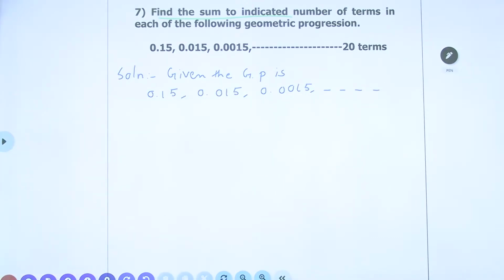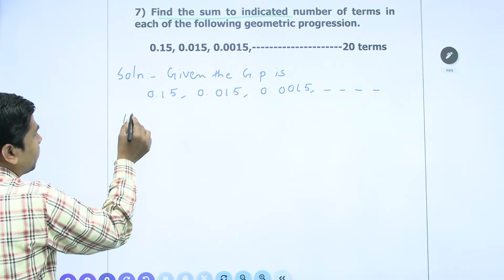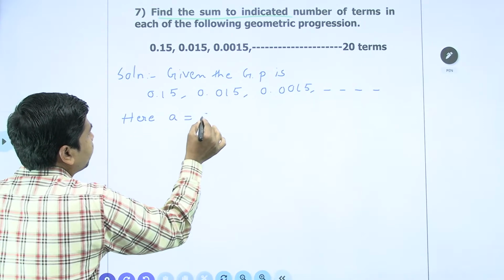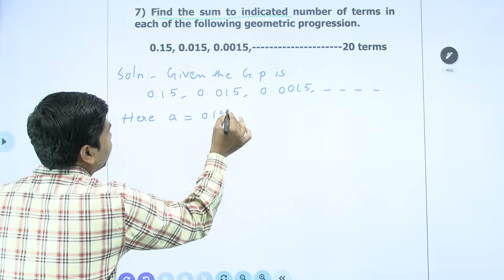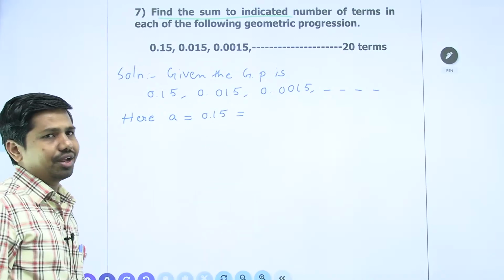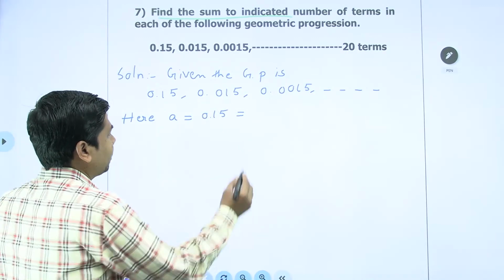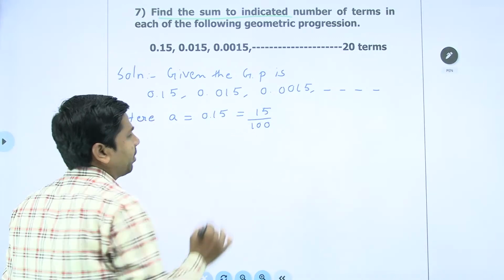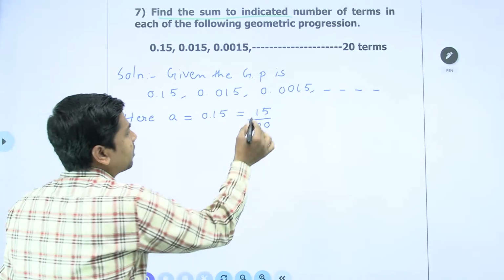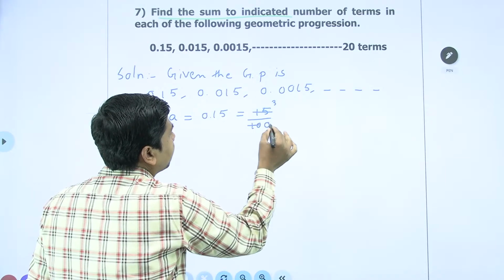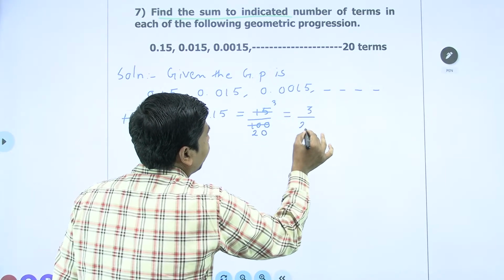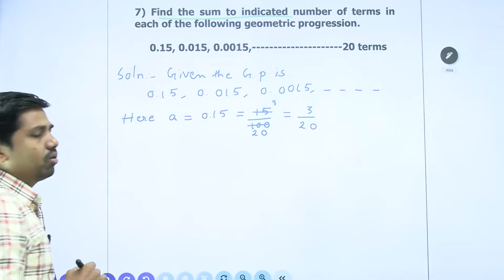Here, what is A equal to? A is equal to the first term, that is 0.15. This we can also write as 15 by 100. We can cancel with 5. 5 3s are 15, 5 20s are 100. That is 3 by 20. A is equal to 3 by 20.